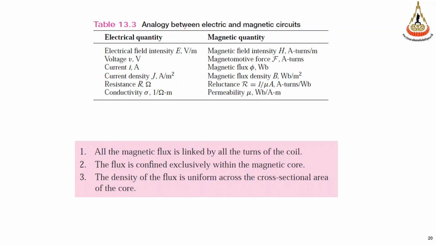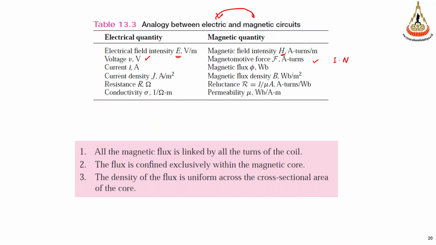So this is the relation between electric and magnetic circuits. For electric quantity, we have electric field intensity E, but in magnetic quantity it is magnetic field intensity H. The voltage is E, and in magnetic terms it is magnetomotive force F, in ampere turns, I into N. Current I corresponds to the magnetic flux in Weber.